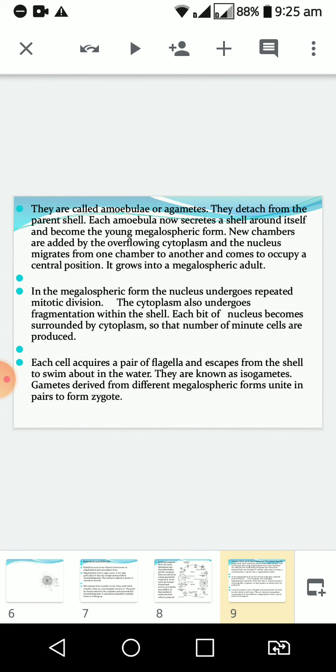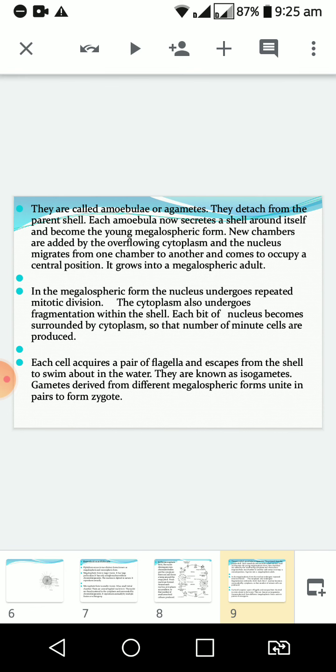Now a number of minute cells are produced, and each cell acquires a pair of flagella and escapes from the shell, and they are called isogametes.